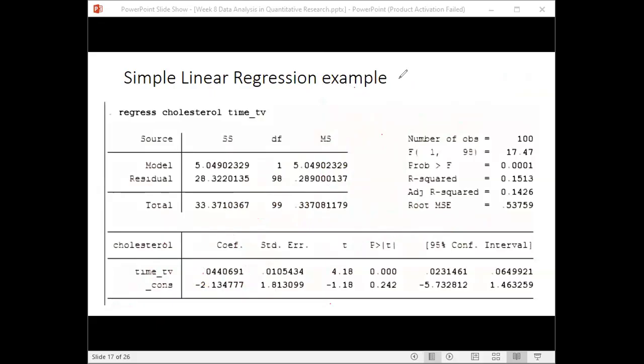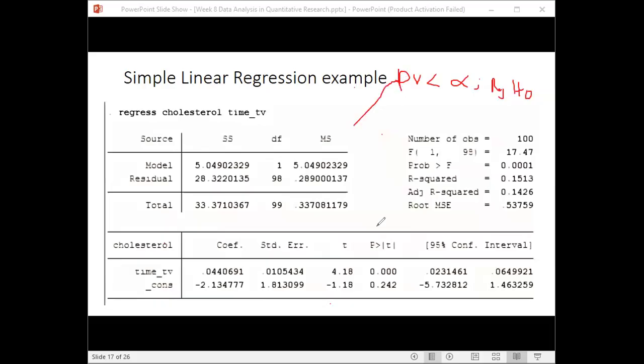The rule was that we look at the p-value. If it was less than the alpha, we rejected the H0. Yes, that's what the rule is.